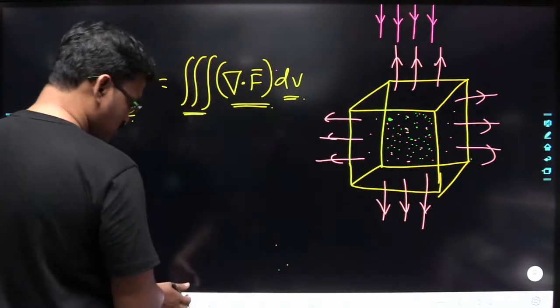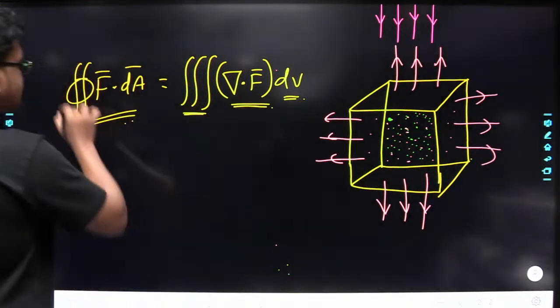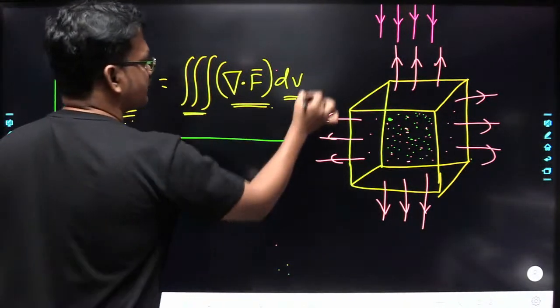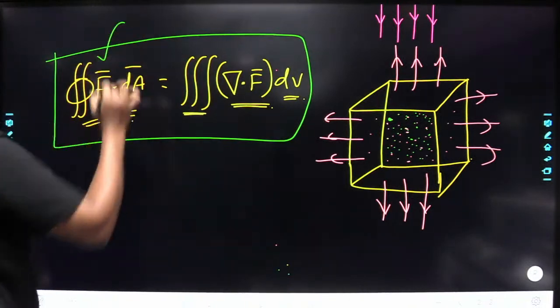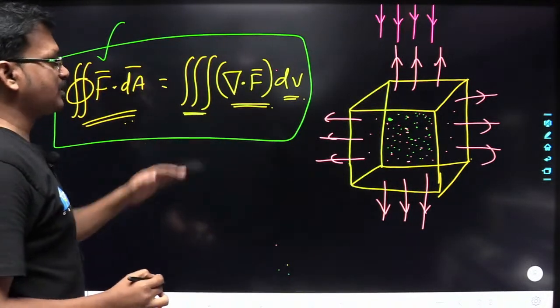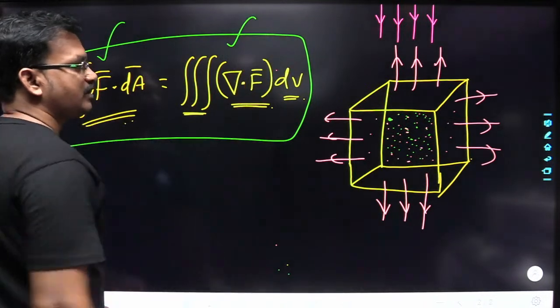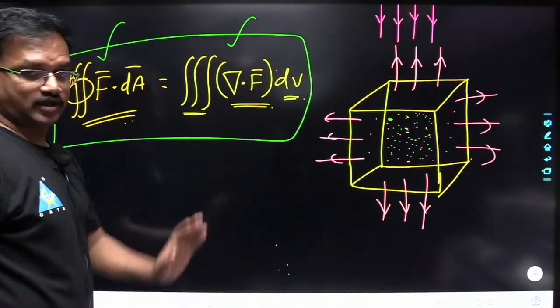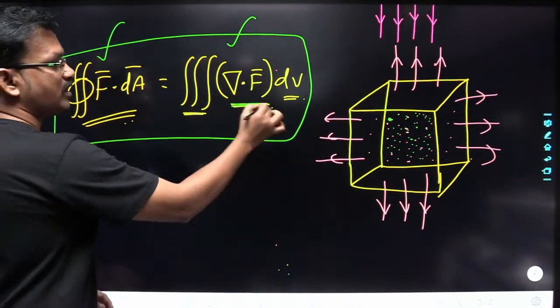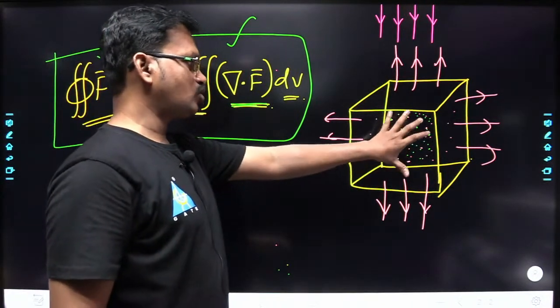Okay, so the flux that is leaving any closed surface can be represented as the triple integral of divergence of f bar into dv. So this represents that you are adding up all the divergences throughout the volume.